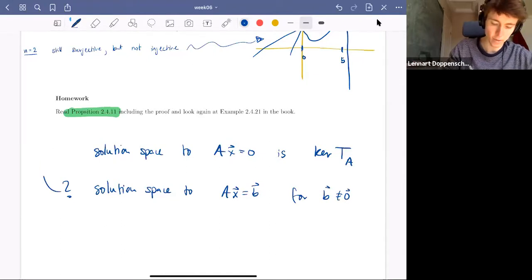And this is exactly what this proposition is trying to answer. And then you can also look at this example.